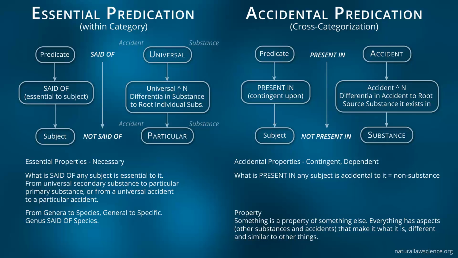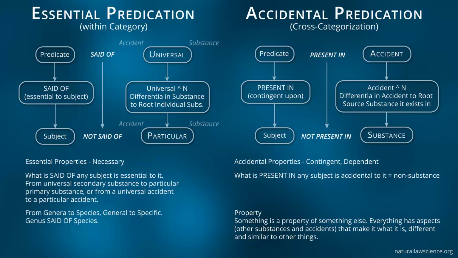So that's how you get from within accident, you're in essential predication. Then eventually when you get to substance, well, that's when it turns into accidental predication, because you're going from the accident and you're tying it back to the substance that all accidents relate to, that are based within.